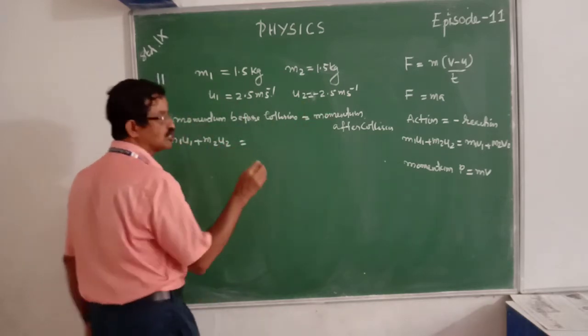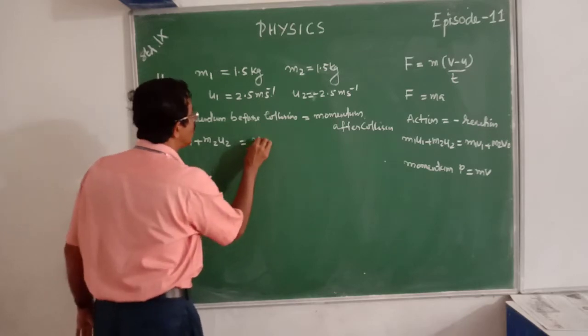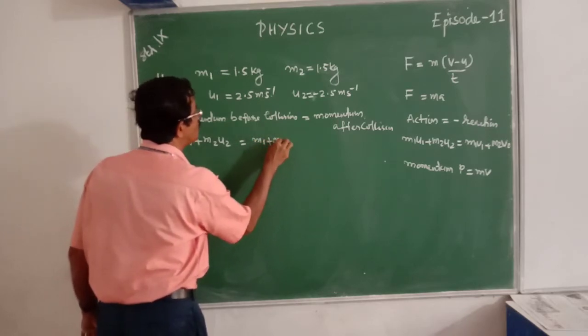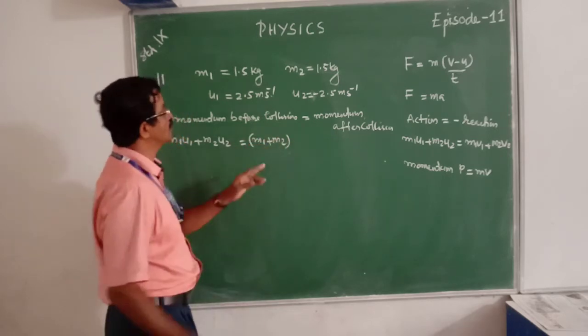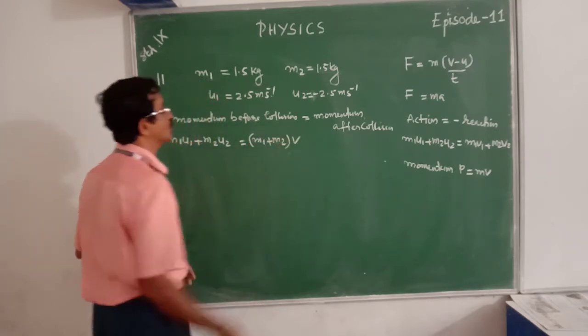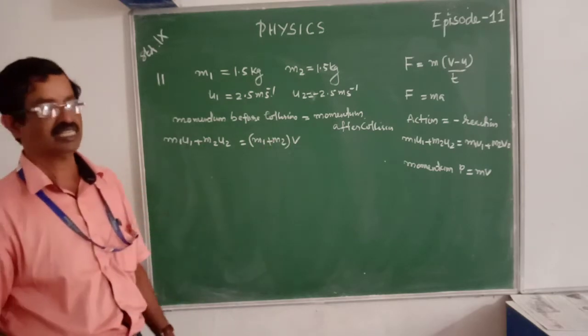The two are moving together, so the mass is m1 plus m2, and they are moving together with a common velocity, which we can take as v.